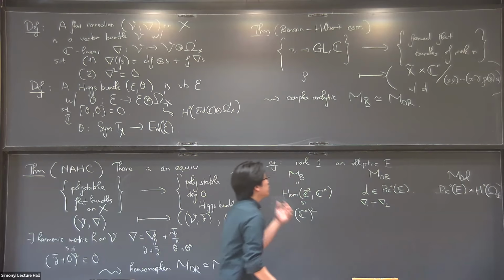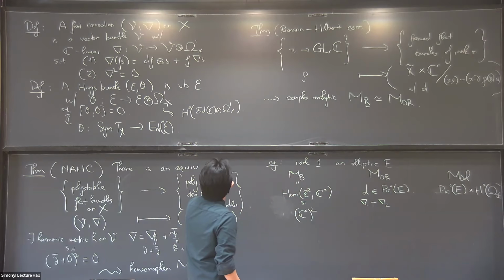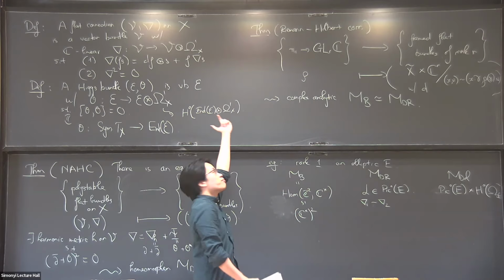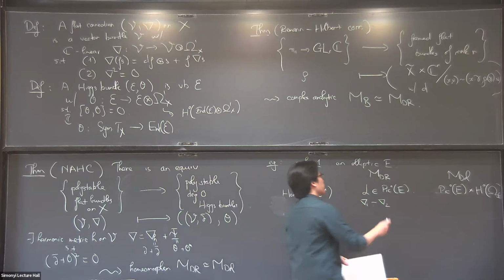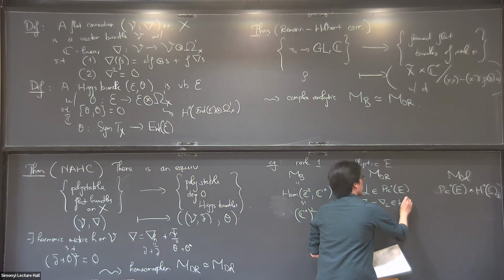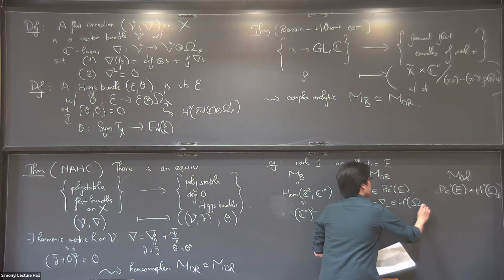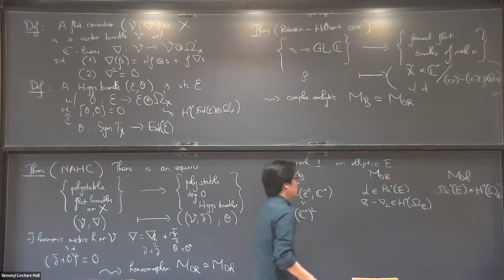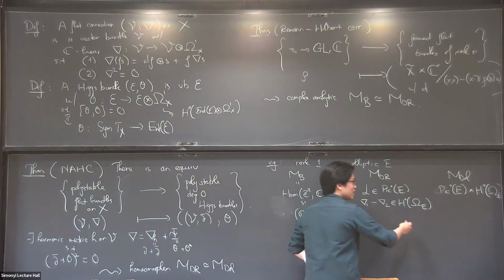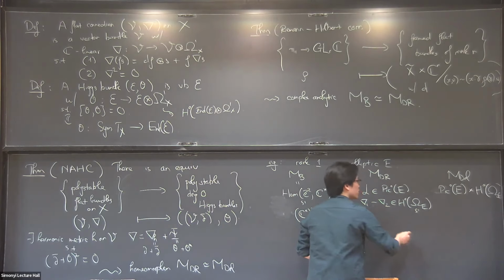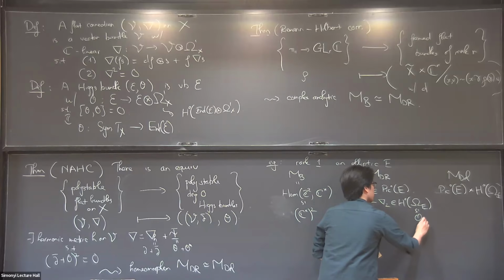And you take the difference between the two of them, that gives you an actual O_X linear map, because the d f part cancels out. So this omega E here is just trivial because we are on an elliptic curve.